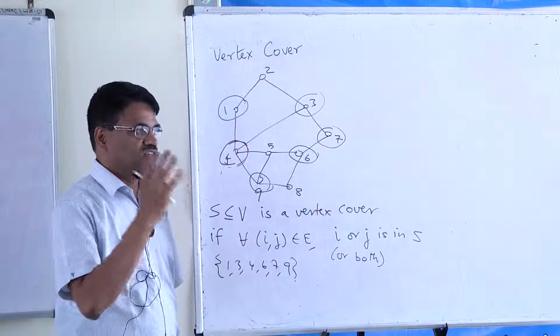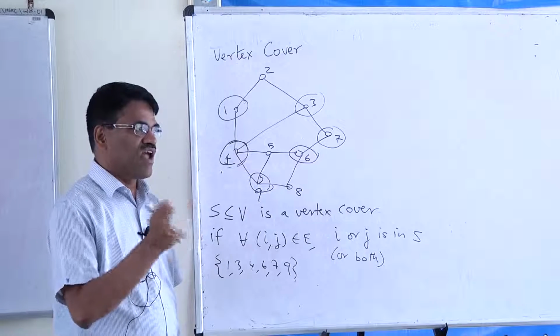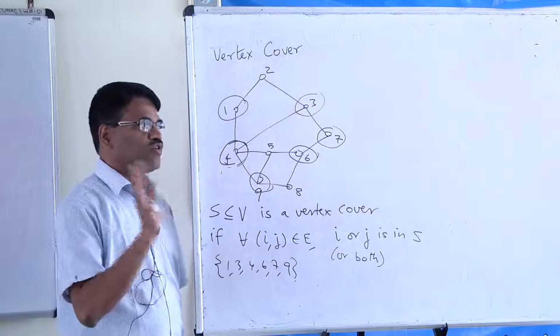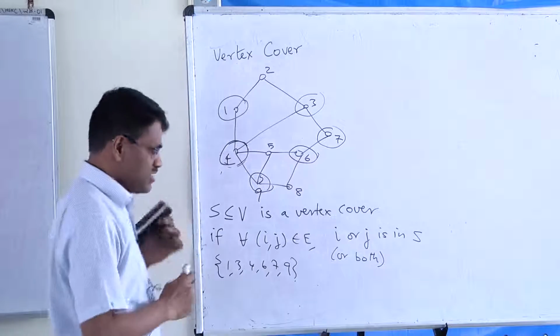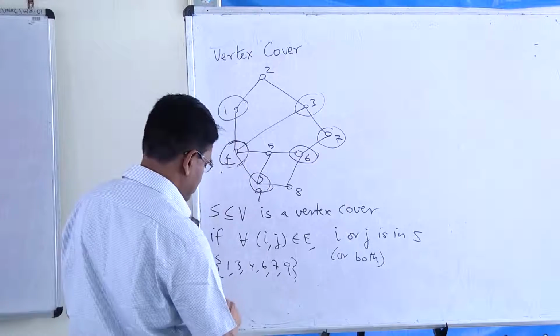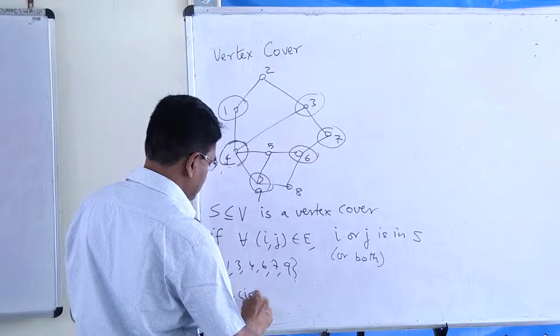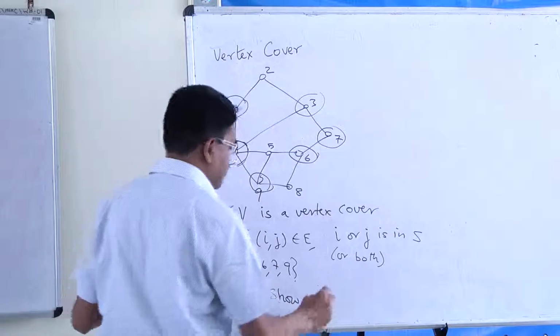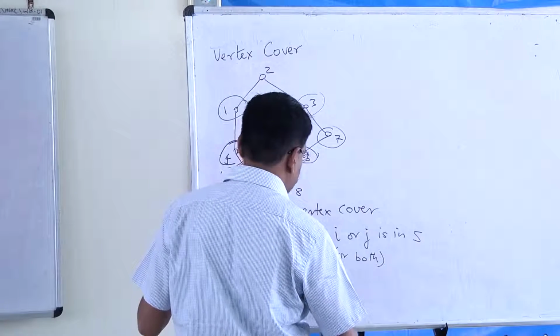This is fairly fast, you can implement it in n or n squared time, but it does not give you optimum. Okay. So exercise: give an example where greedy does not produce an optimum.